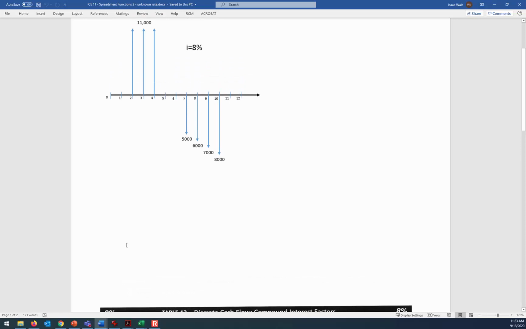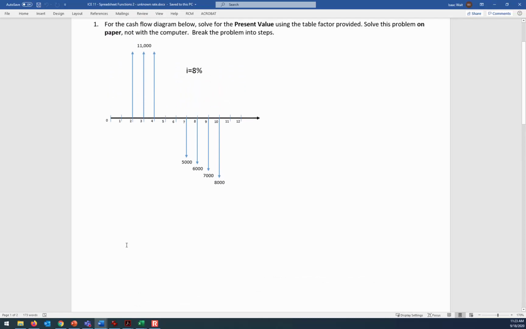So some students might just try and do the brute force approach 1 year at a time. Just keep doing find P given F over and over and over. But I want you to learn that same kind of process that I just illustrated, where first you are going to move things to year 6 and then to the present.